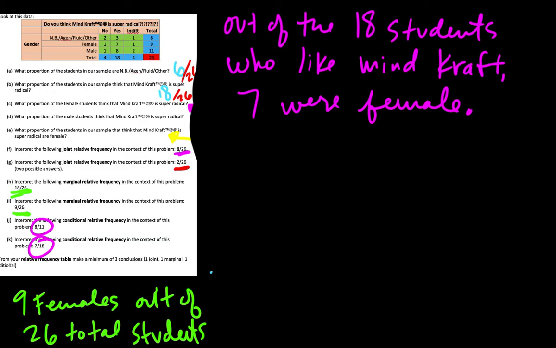Okay? And then this last one says, from your relative frequency table, make a minimum of 3 conclusions, 1 joint, 1 marginal, 1 conditional. So you just need to do it for things that you aren't asked.